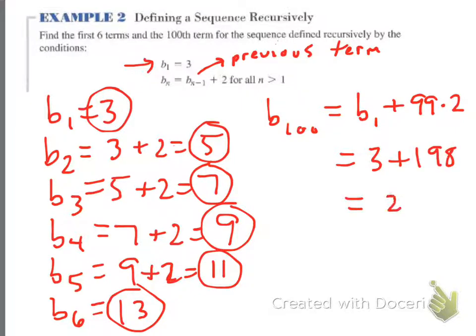So my 100th term would be 201. So that is a unique situation. Recursively, you can't just plug in the number of the term and figure it out like we did explicitly. You've got to do some other things. Like I said, the only thing that really affects is something like the 100th term. The first 6 terms, you're just adding 2 to the previous term.